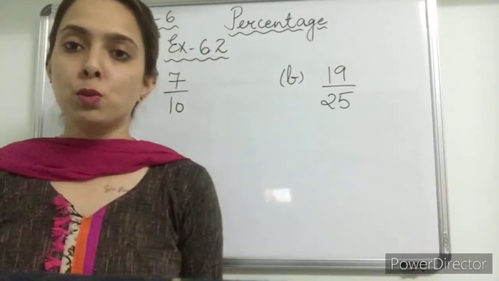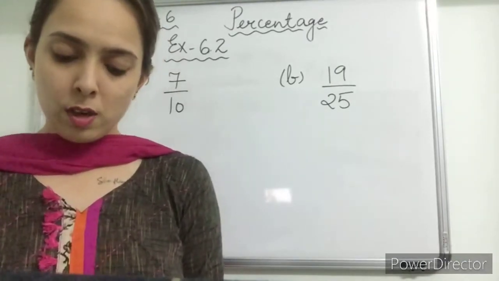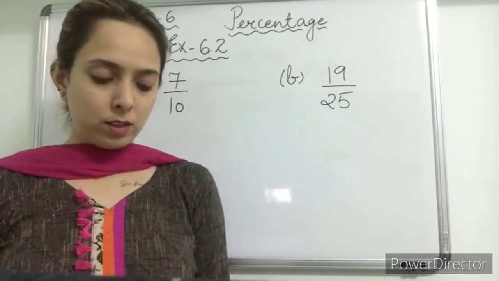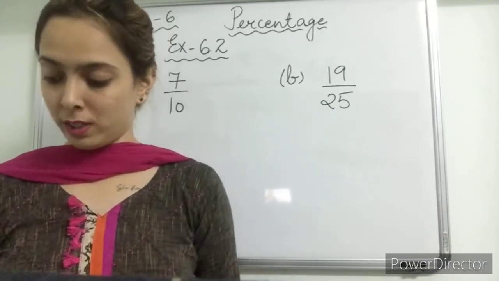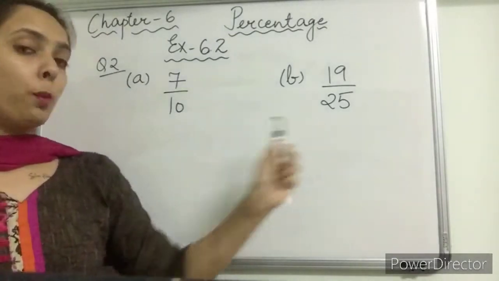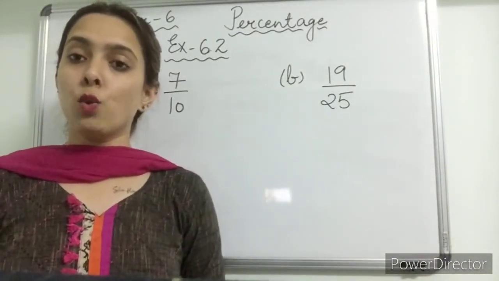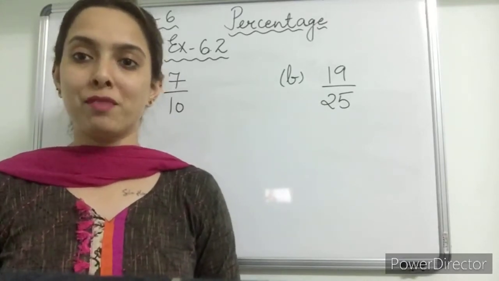Question number 2 is, convert the following fractions into percent by finding equivalent fractions with the denominator 100. So here in the denominators 100 is not given to us, so we have to make equivalent fractions.